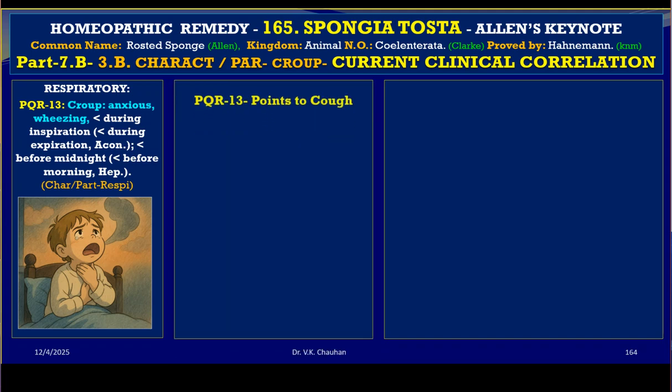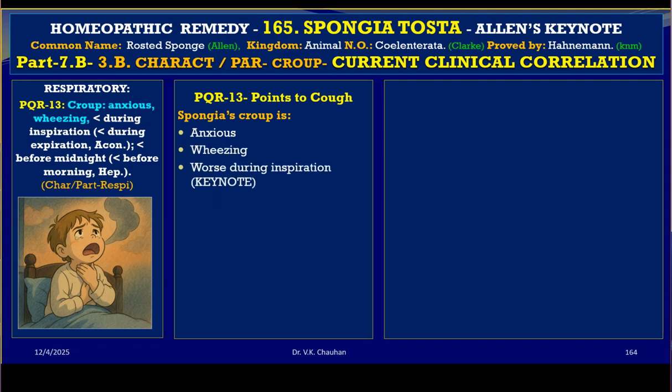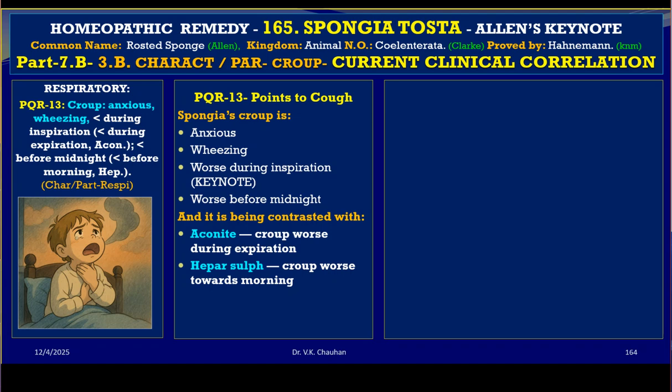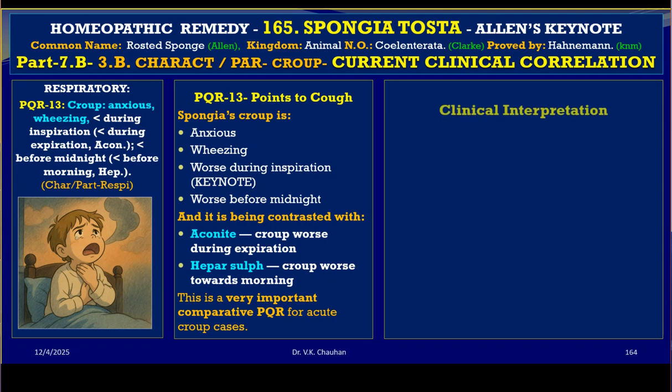So let us go ahead. Spongia croup is anxious, wheezing, worse during inspiration, worse before midnight, and it is being contrasted with Aconite croup, worse during expiration, and Hepar sulph, worse during morning hours, and this is a very important comparative PQR for acute croup cases.